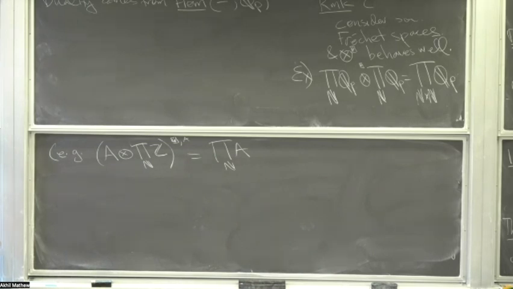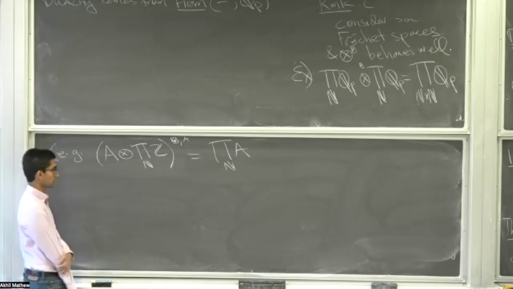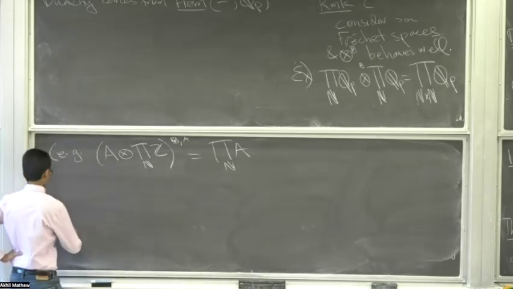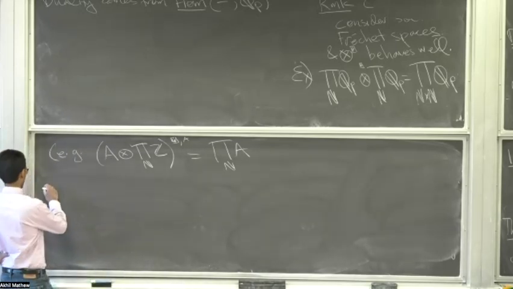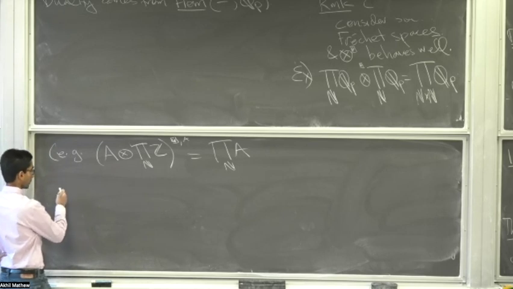So I thought I could explain this, for example, let's prove this when A is a polynomial ring.